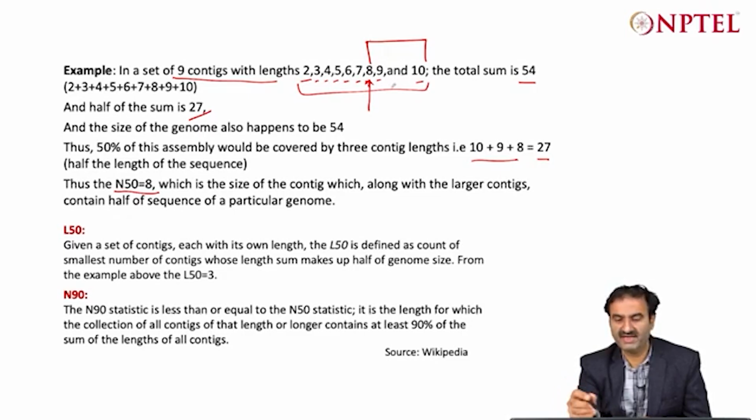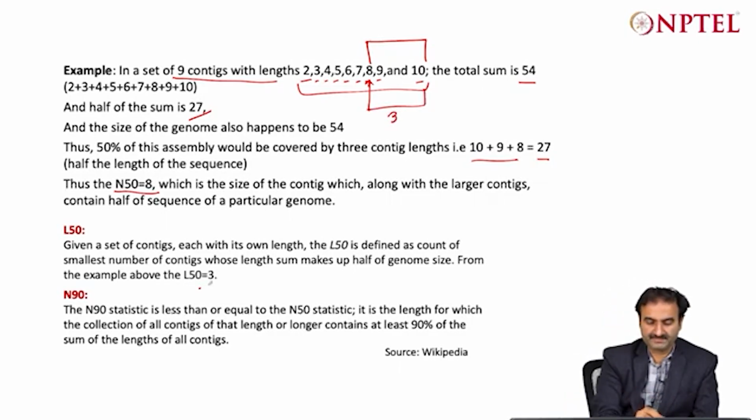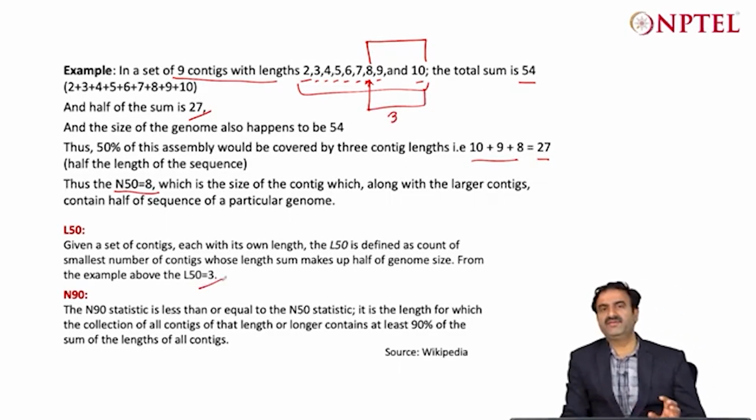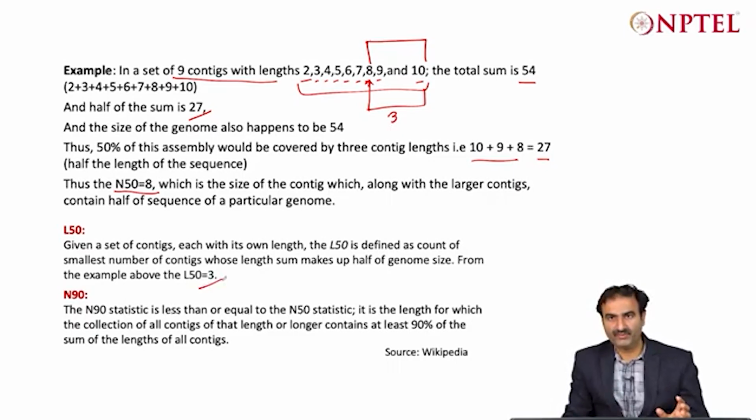It contains 3 contigs, 8, 9, 10, 3 pieces. So your L50 will become 3. N50 tells what is the largest contig that is the median to the total assembly size, so the bigger this value, the better the assembly.